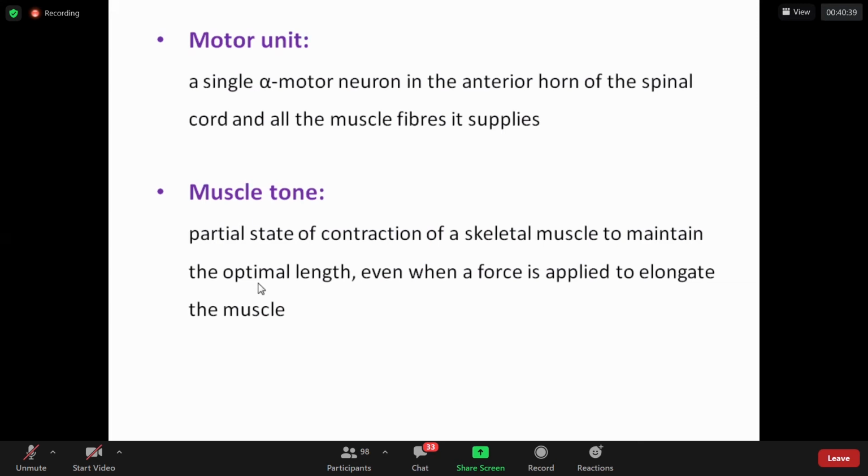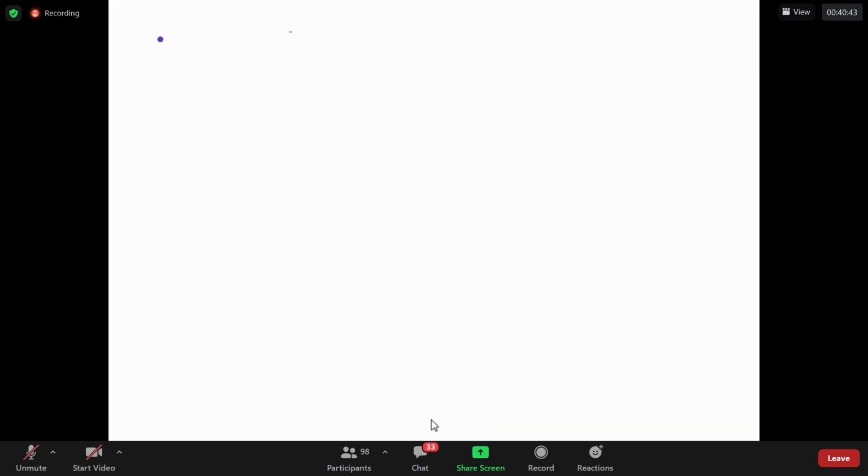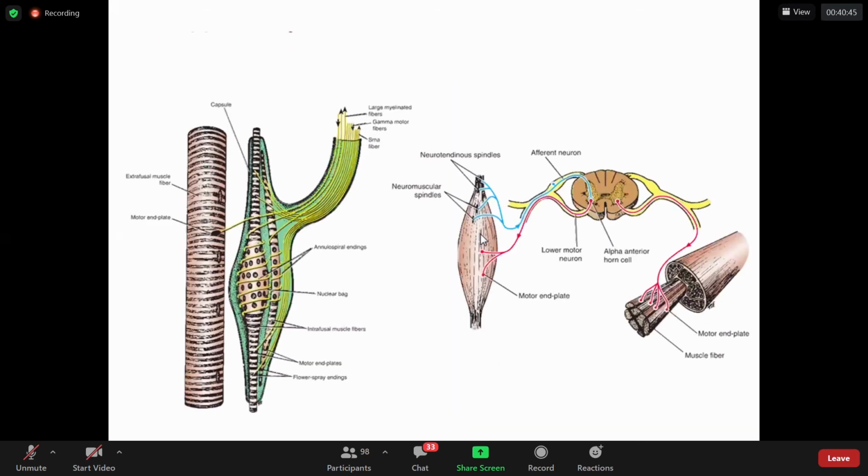And what is the use of this muscle tone concept? For example, in this previous picture, there are 1 lakh muscle fibers. Just have an idea that there are 1 lakh muscle fibers in biceps brachii, right? So what will happen if these 1 lakh muscle fibers contract at the same time?